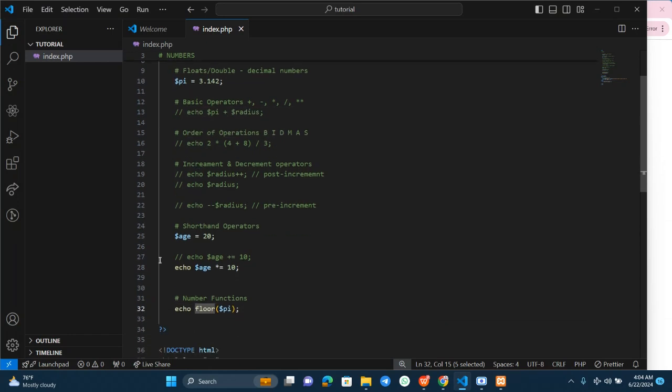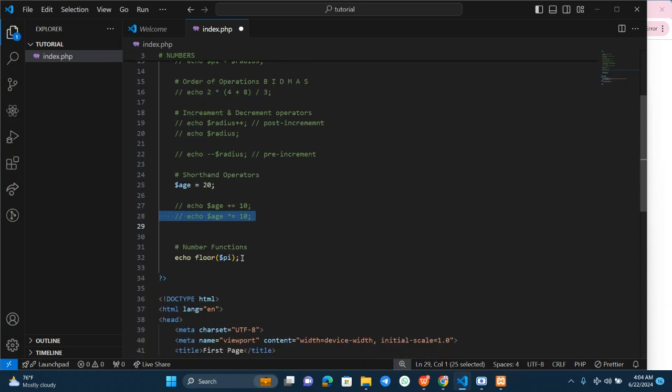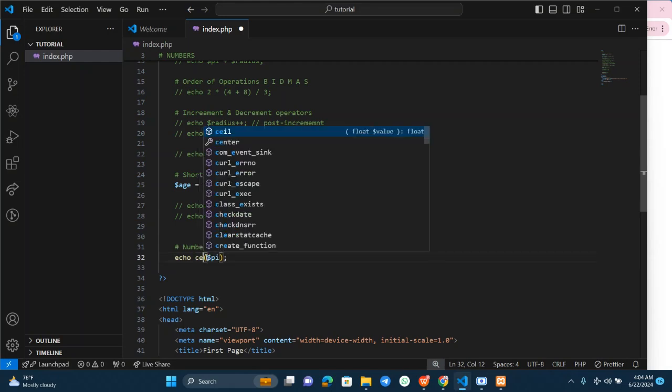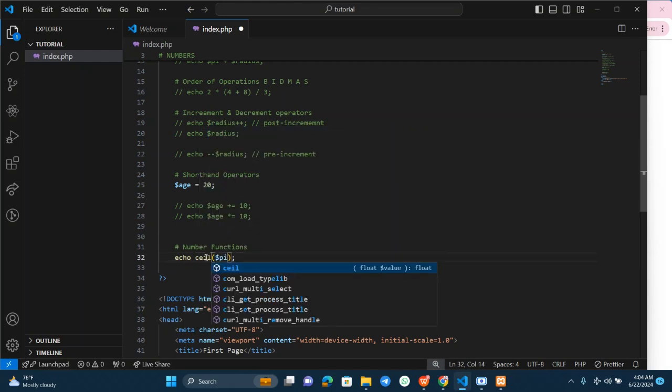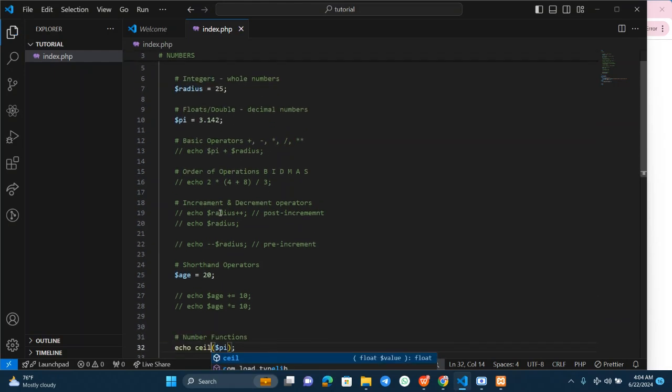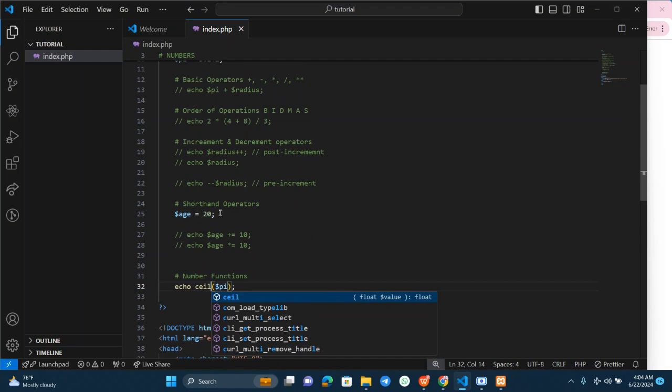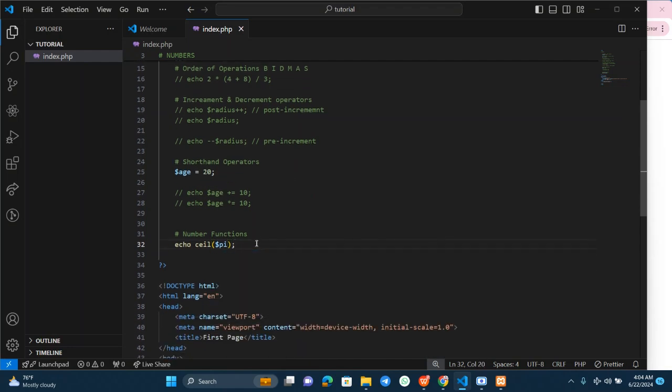Let me comment this one out so it won't be disturbed. As we have this, we can also have ceil, which represents ceiling. Any float or any double, let's call it float, is going to be taken to the next integer number.